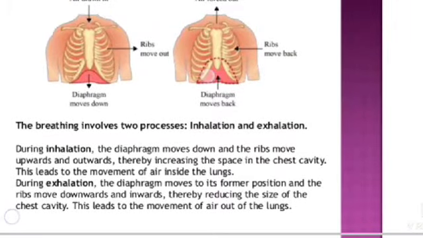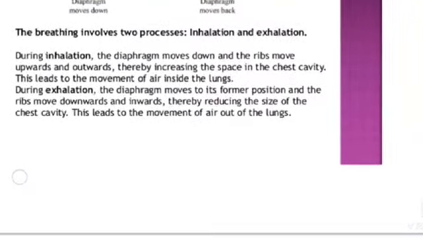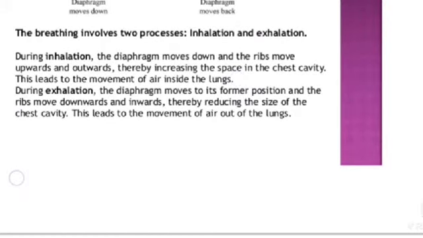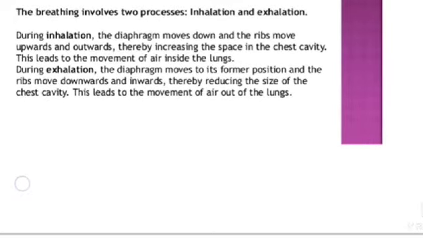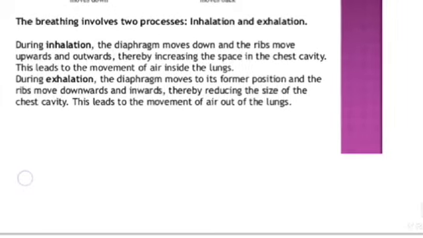This leads to the movement of air into the lungs. During exhalation, the diaphragm moves to its former position and the ribs move downward and inwards, thereby reducing the size of the chest cavity. This leads to the movement of air out of the lungs.